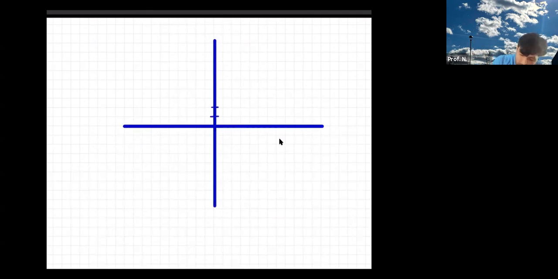So this is 1, 2, 3, 4, 5, 6, 7, 8. This is 8, and this is 1, 2, 3, 4, 5, 6, 7, negative 8. This is the y-axis, this is the x-axis.